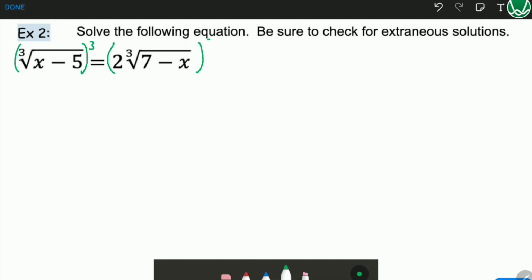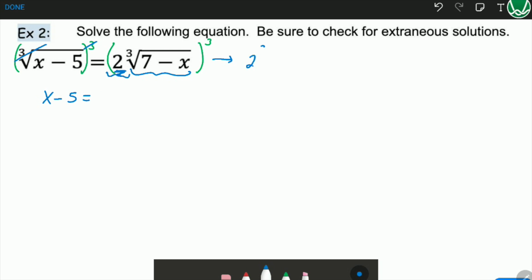of the equation. In doing so, on the left side, the cube root and the cubing are going to cancel, giving me x minus 5 equals, over here, because we have the 2 on the outside of the radical, we apply exponent properties to cube each individual factor, the 2 and the radical.